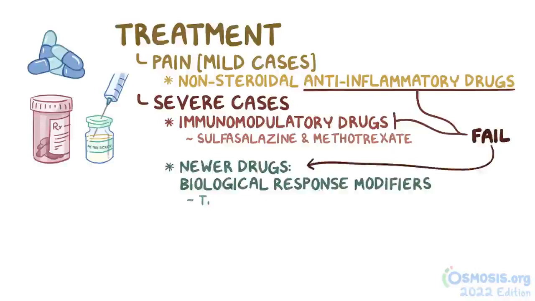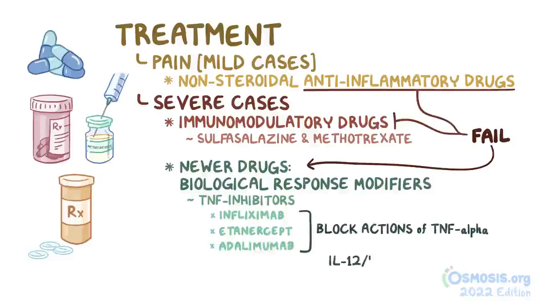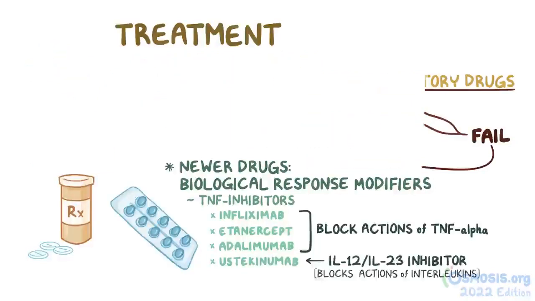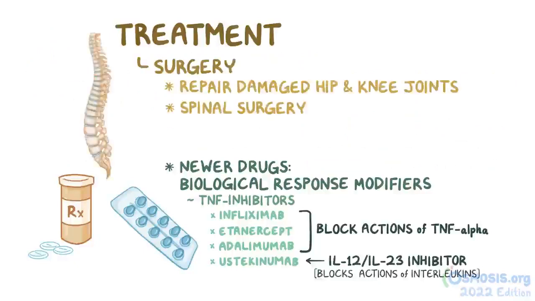These include the tumor necrosis factor inhibitors, like infliximab, etanercept, and adalimumab, which block the action of tumor necrosis factor alpha, as well as the interleukin 12, interleukin 23 inhibitor ustekinumab, which blocks the actions of the interleukins. Finally, surgery can be performed to repair damaged hip and knee joints, but spinal surgery is typically considered risky and is rarely performed.